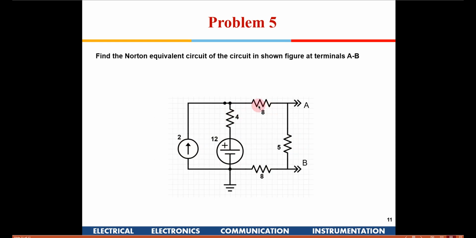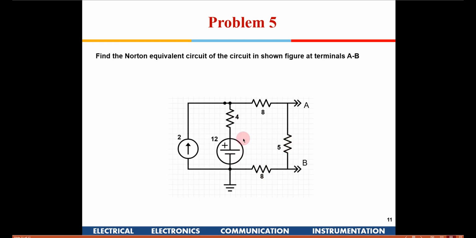Sir, it is calculated just like the normal Thevenin resistance, right? Yeah, correct. So Norton resistance is exactly the same. Is the normal resistance 4? It will be 8 plus 8, 20 in parallel to 5.